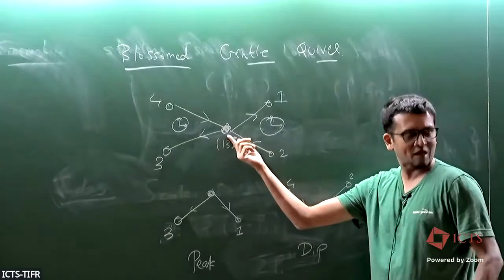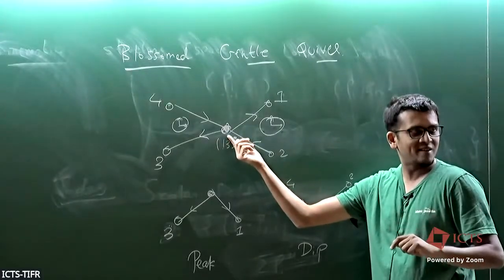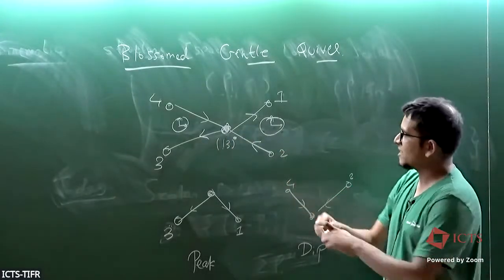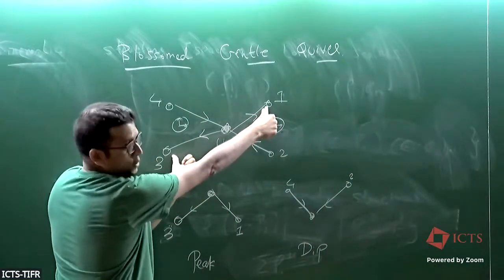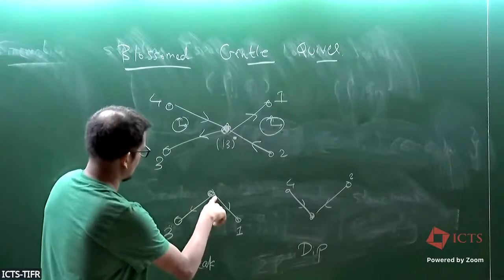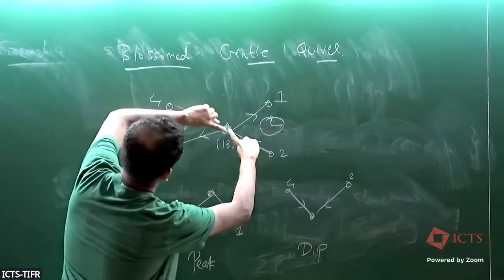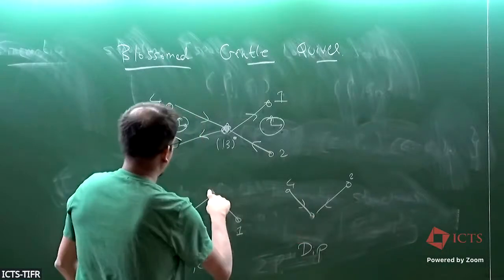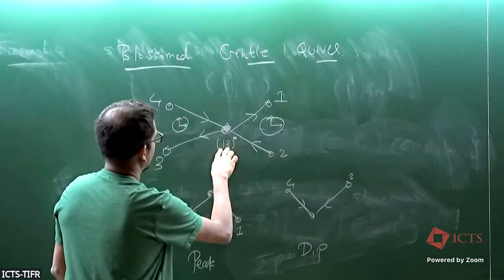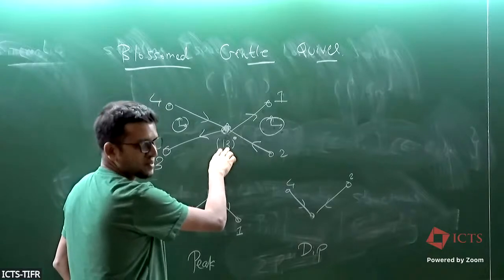Is this clear? I will do one more example. A peak is when you take a vertex and both the arrows are outgoing. And here both the arrows are incoming, so it's a dip. But I'm labeling it with the notation of the peak and not a dip.